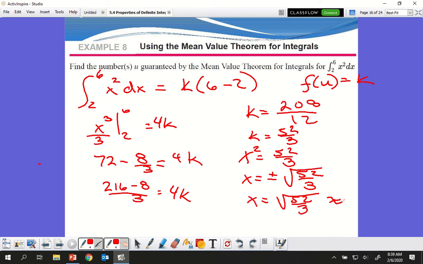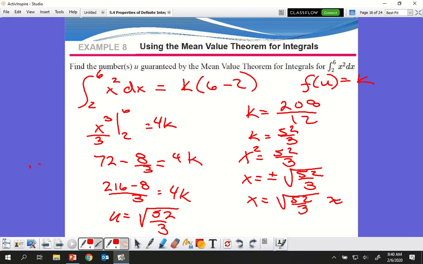So I now know what my k value is going to be, right? I know my k and I know my f of u. When I plug in this number, my u is equal to the square root of 52 over 3.